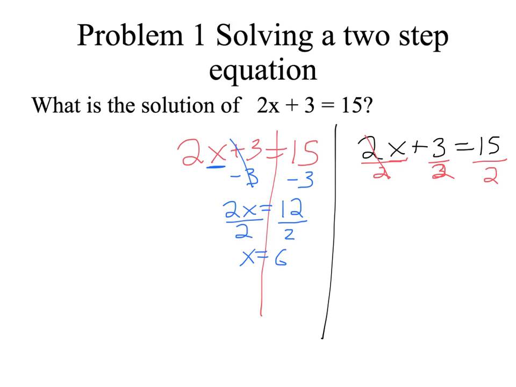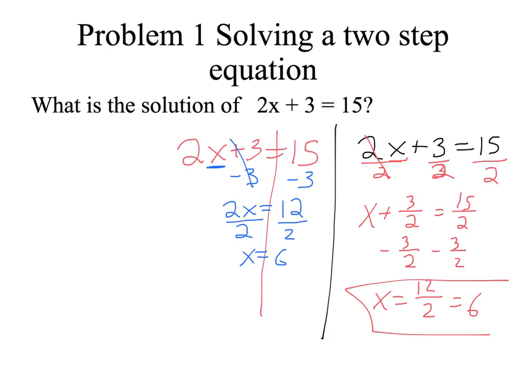So the 2 over 2 cancels out, and that's not so bad. So we have x plus 3 over 2 equals 15 over 2. And then you would have to subtract 3 over 2 from both sides. And we would have x equals, now 15 over 2 minus 3 over 2 would be 12 over 2, and that would equal 6. So you get the same answer.